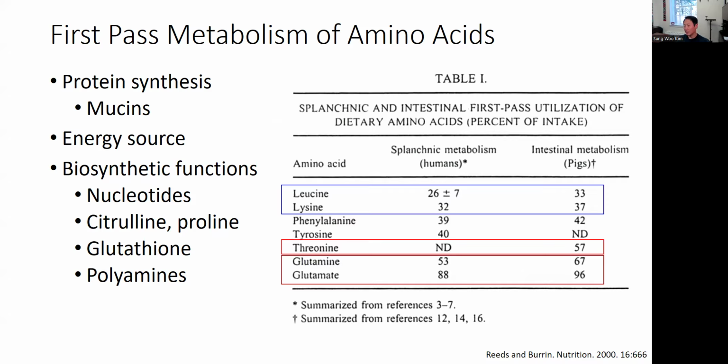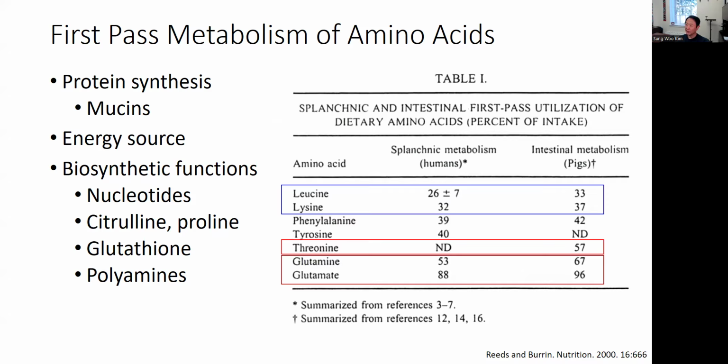Wow, look at the glutamine and glutamate. In the case of pigs, almost all of them will be gone in the intestine, and they don't reach the systemic circulation at all: 96%. So the first pass metabolism is very significant. We really need to understand this if we want to modify the feed and make the animals grow faster, helping lean gain and muscle gain.